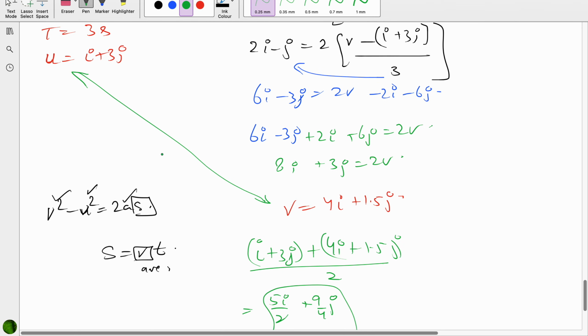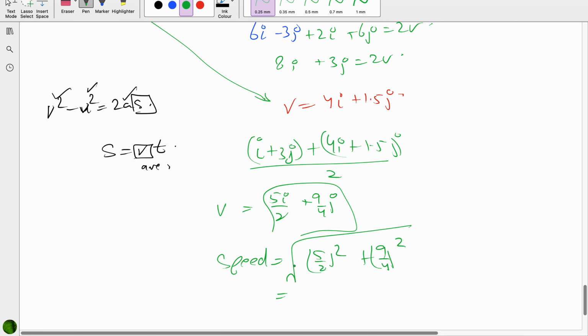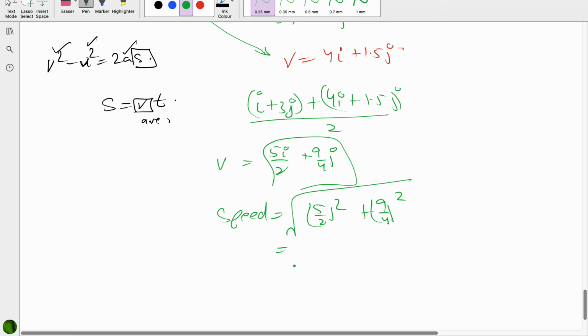So I have the average velocity. I have the time. Time is 3 seconds. For this average velocity, I need the magnitude to change it into speed. That is the square root of (5 by 2) squared plus (9 by 4) squared. I get 3.363.